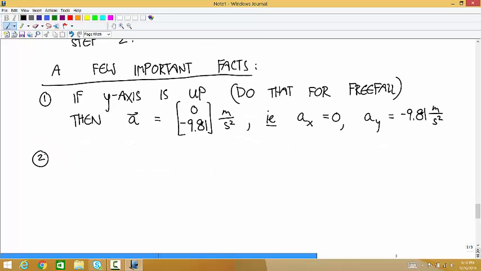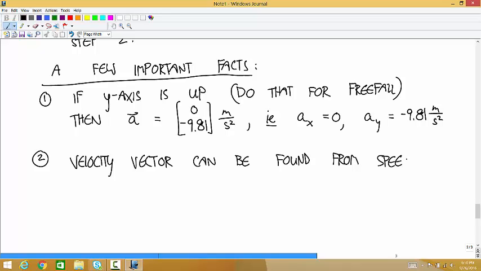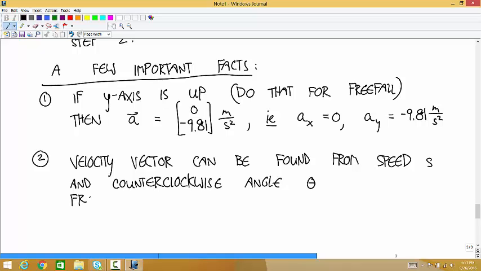The second one that we're going to use a lot is that a velocity vector can be found from the object's speed, call it s, lowercase s, and the counterclockwise angle theta going from the positive x-axis to the direction of motion.